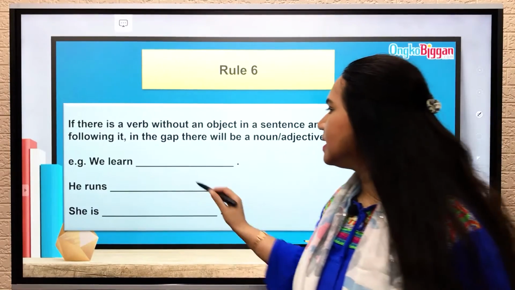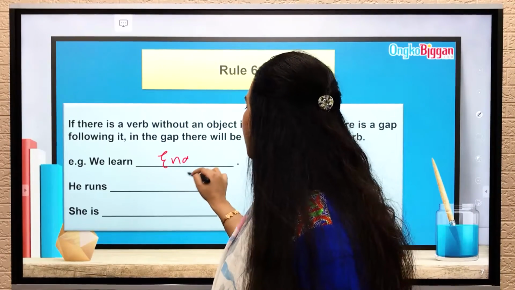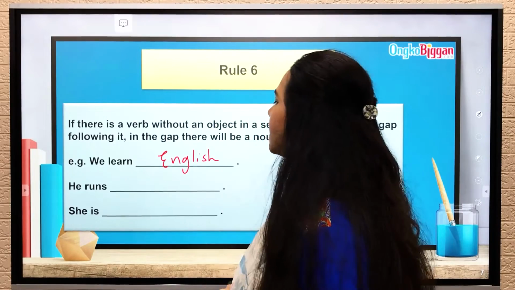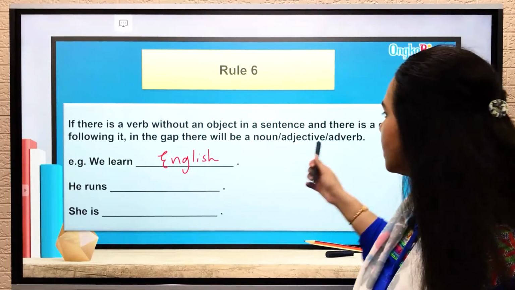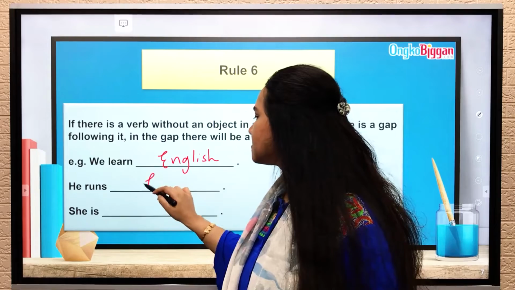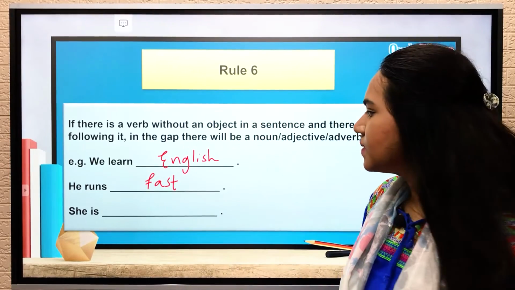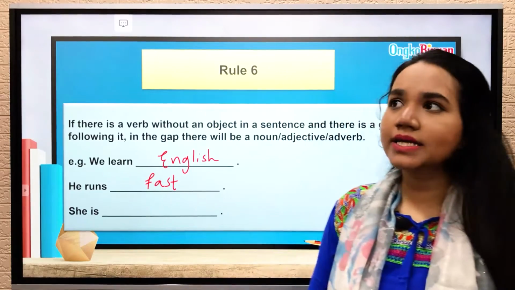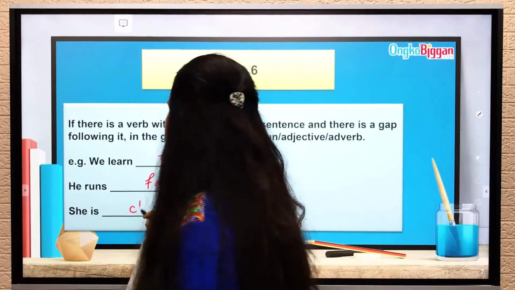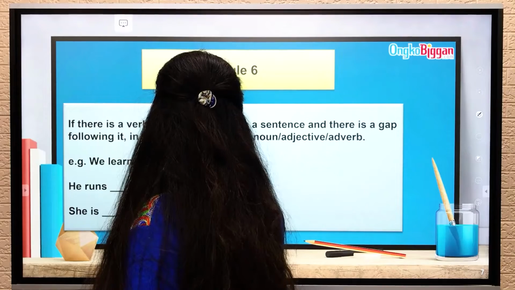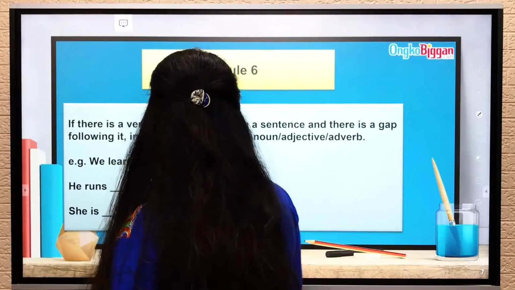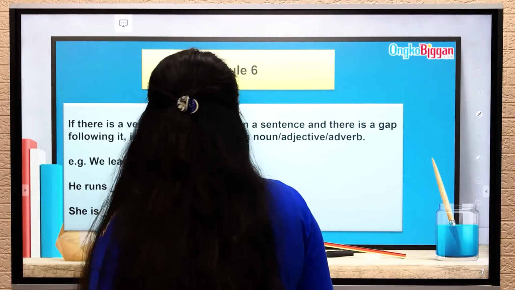So we learn English. Here English is most definitely a noun. Okay. He runs. Now we have to put an adjective. So he runs fast. So here fast is definitely an adjective here. And she is dash. So I can say she is cheerful. Okay. Or cheerful here in this case is also an adjective.